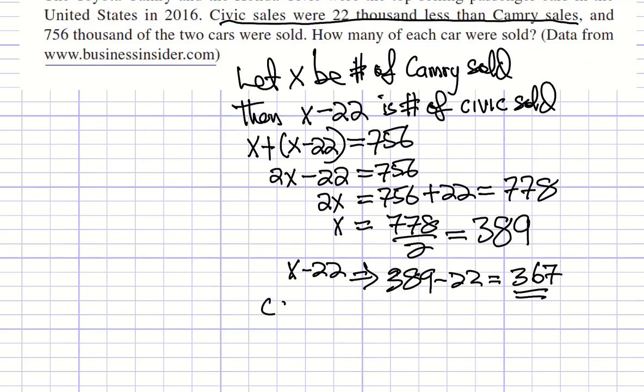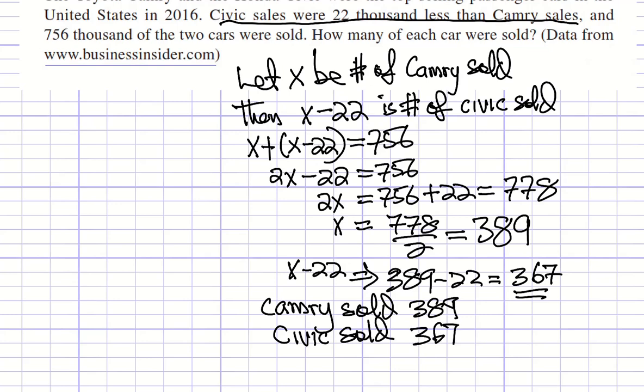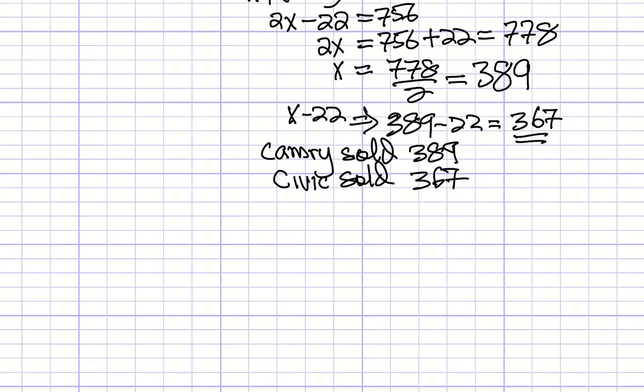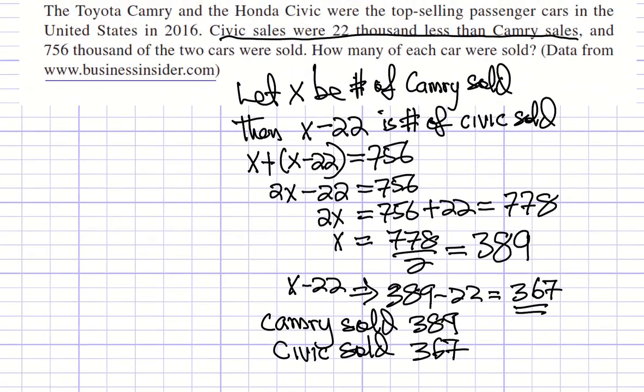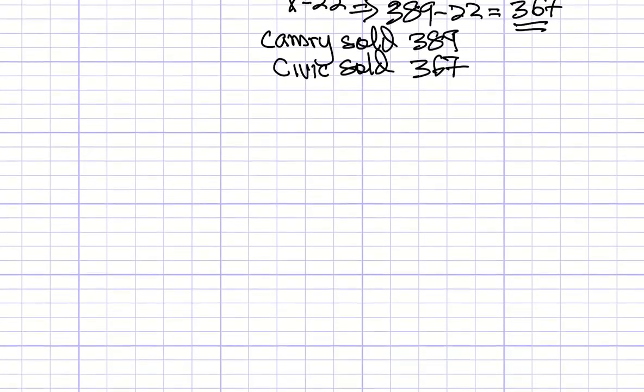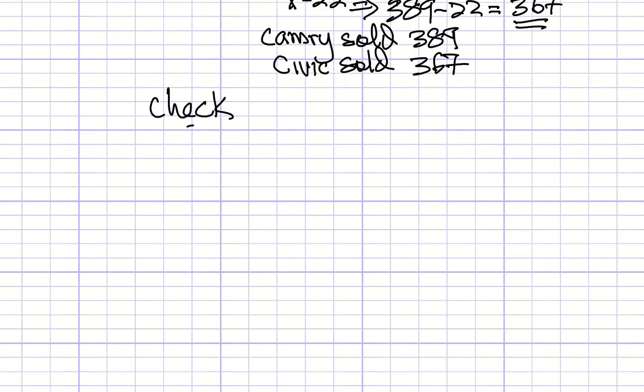So Camry sold is 389. Civic sold is 367. And then the both of them add to the total. The total given was 756. So a way of checking, you say, let me see, 389 plus 367. Do they add up?